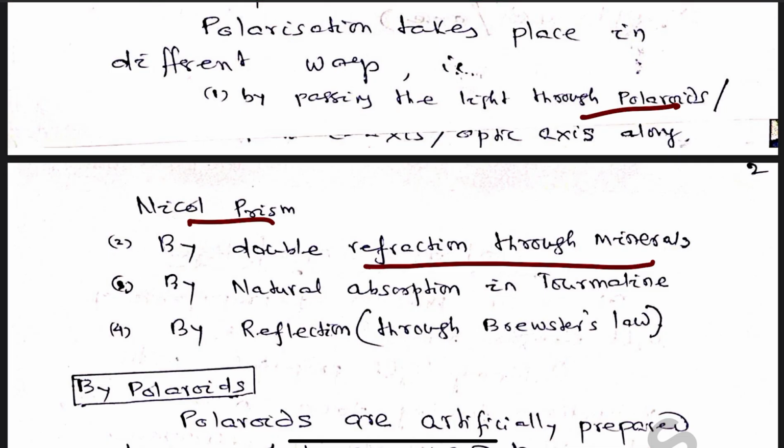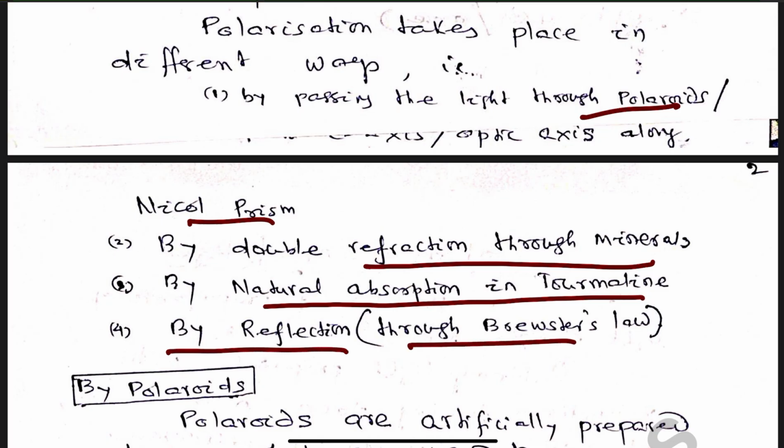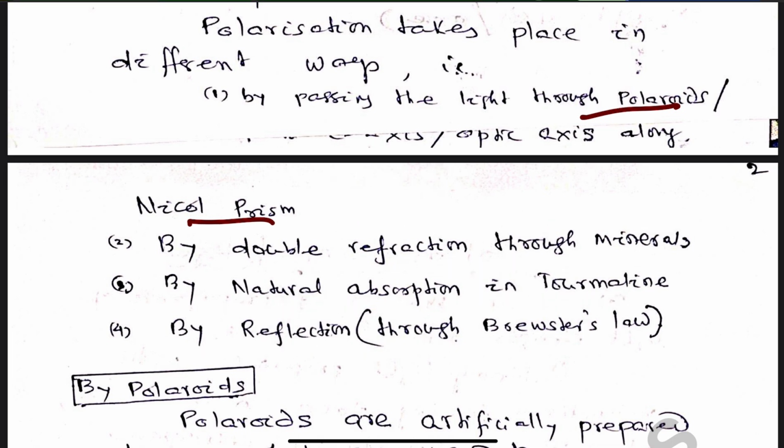And also natural absorption takes place in certain minerals in certain directions, so that those minerals behave as if they are polaroids. And also by the reflection process, as per Brewster's law, light can be polarized. So these are the methods by which we can get polarized light.